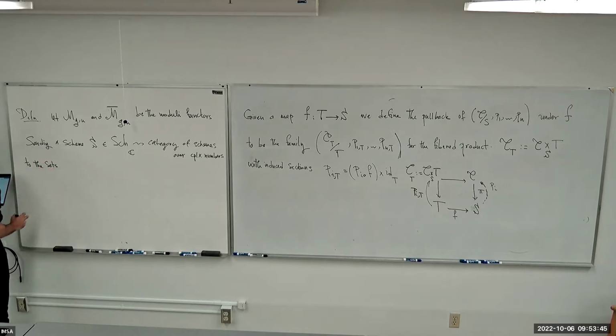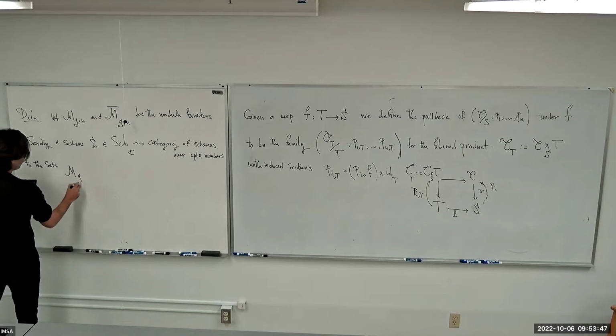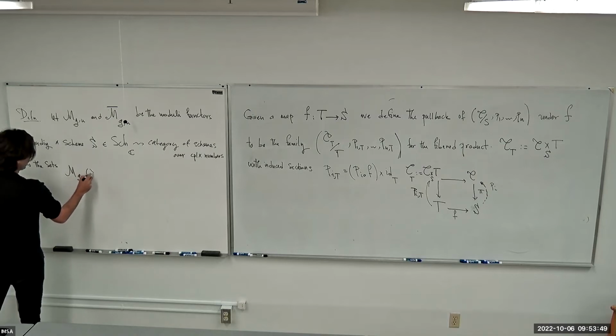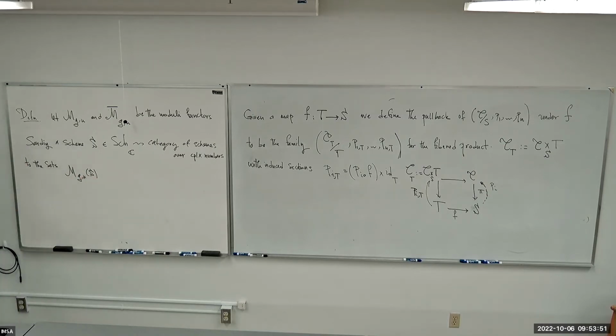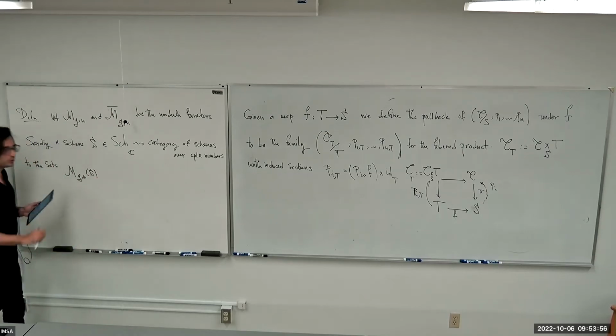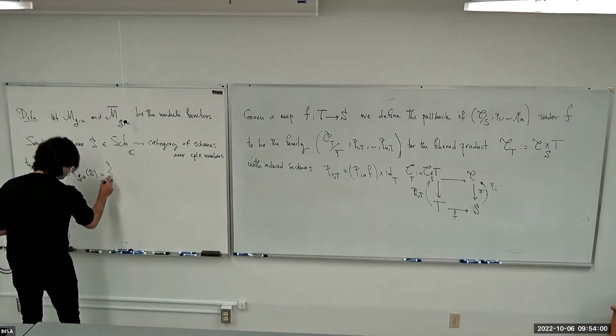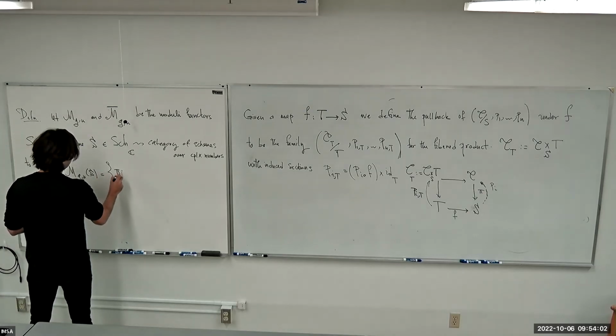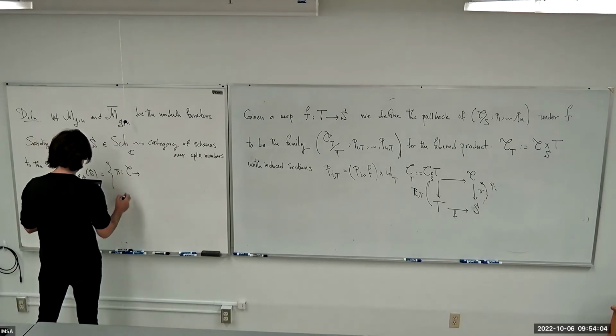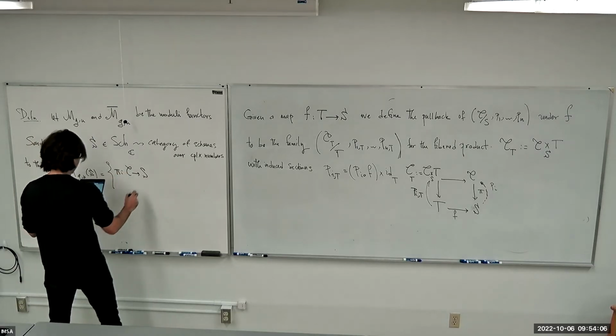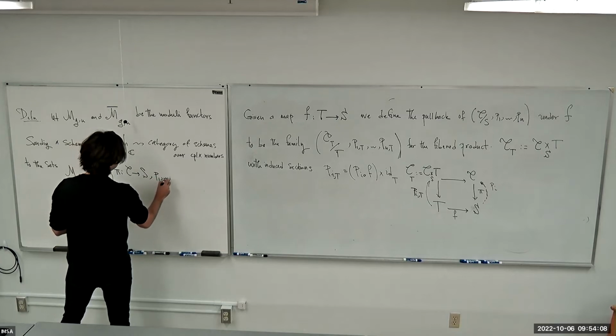If I take M_{g,n}, this is now the functor. This means I am evaluating that functor at one of the objects in the base category, so it should give me the set of these things: a family over S together with markings.